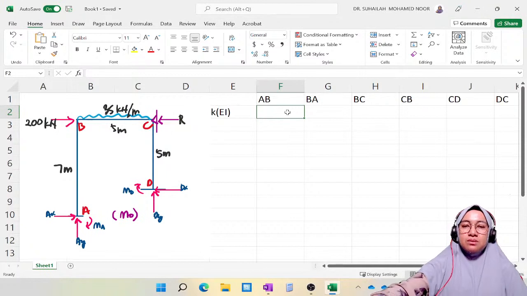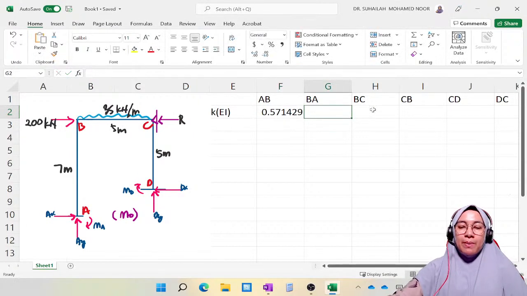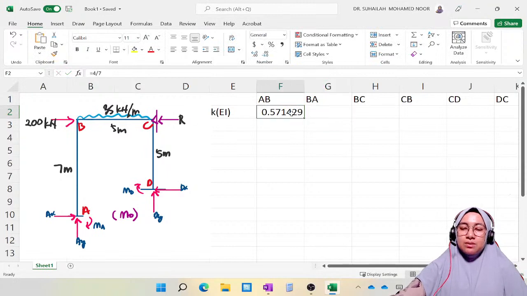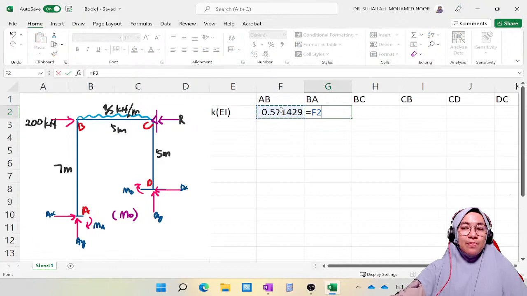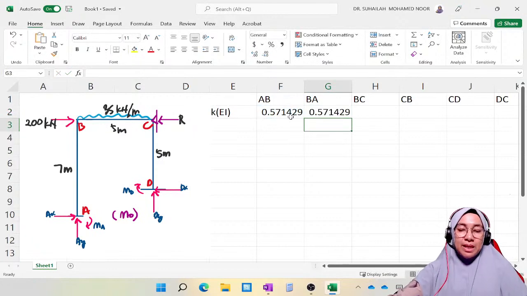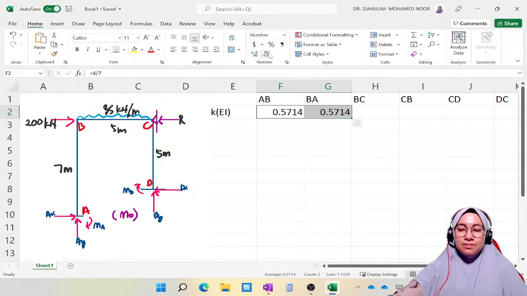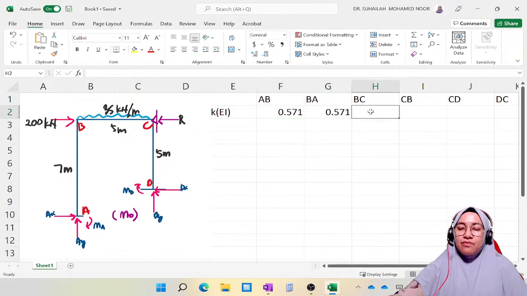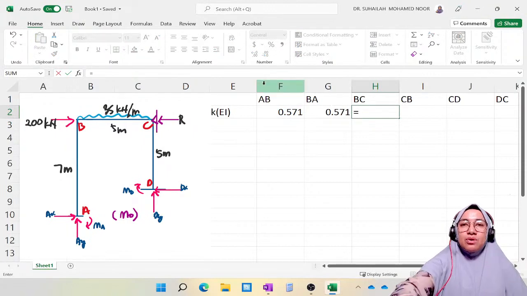So it is 4 divided by 7 for member number 1 or member AB. AB and BA are the same thing. For member BC, we use 4 divided by 5 because the length is 5.